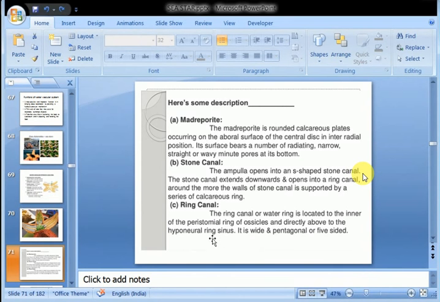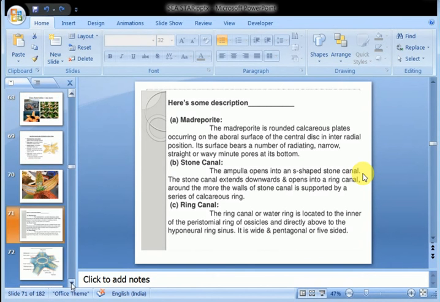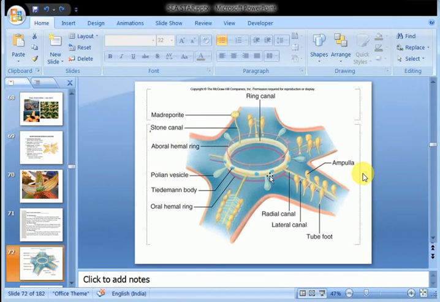Now these sinuses are actually part of the hemal canal. Now this ring canal is wide and has a five-sided appearance. Here you see, this is the ring canal, and it has these five exit points that lead to the radial canals like this.